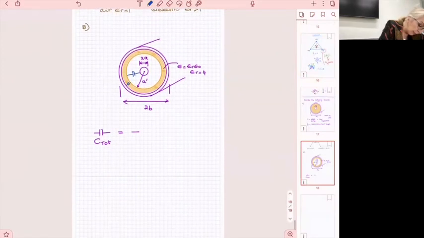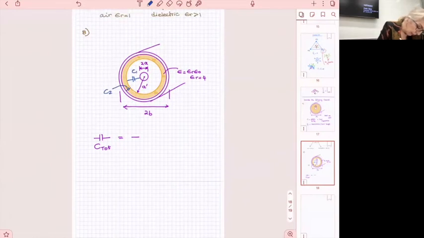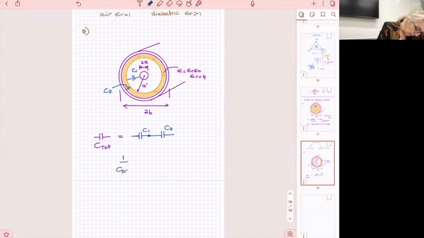So it's C1, and if this little one is C2, it's going to be a series combination of C1 in series with C2, which means 1 over C total will be 1 over C1 plus 1 over C2.